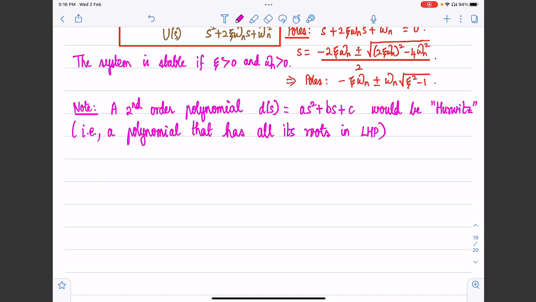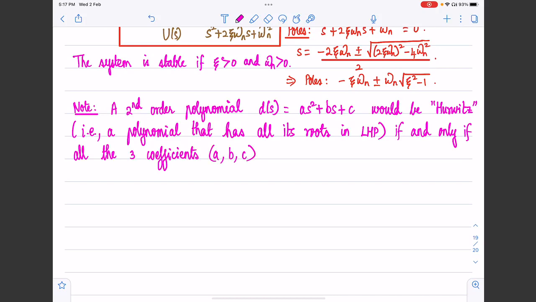A second order polynomial d of s, a s squared plus b s plus c, would be Hurwitz if and only if all the three coefficients, a, b, and c, are non-zero and of the same sign. This is an important result. Please remember it as far as second order polynomials are concerned.